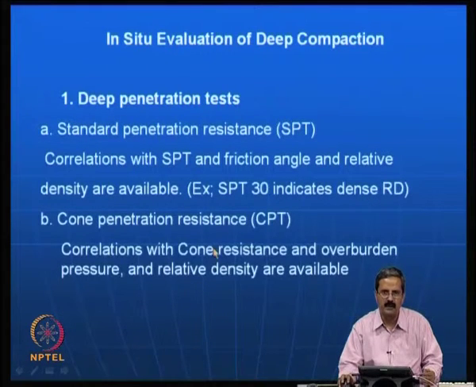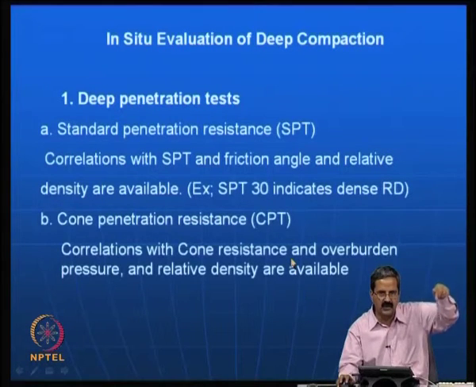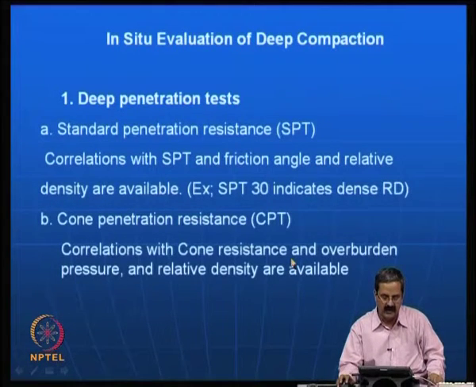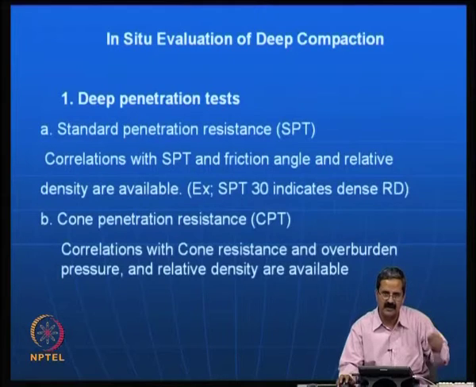Now, you also have cone penetration resistance, which we call the CPT test, and here again we have correlations with cone resistance. The cone continuously drives into the soil, and the advantage of cone penetration is that it is a continuous record of the skin friction, shaft friction, pore pressure ratio and many other things.